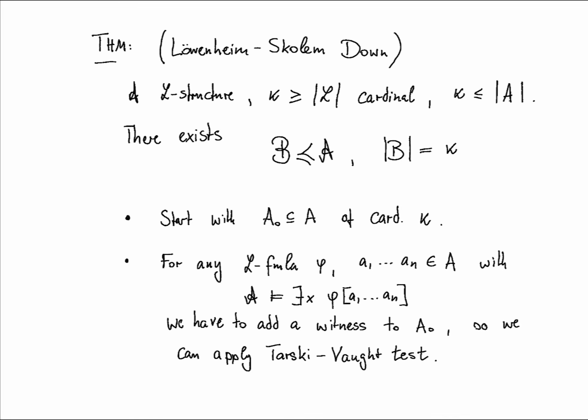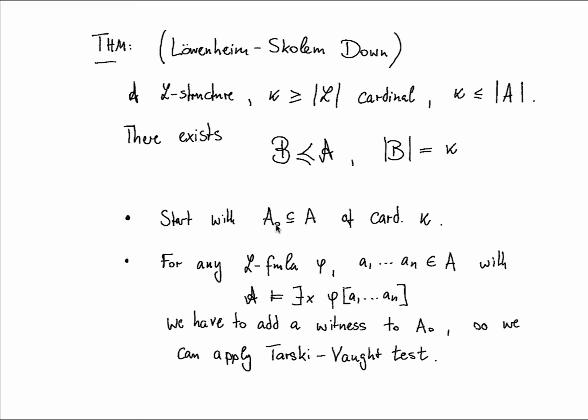The basic steps of the proof of this theorem are as follows. We start with an arbitrary subset of the universe of A, call it A0, with cardinality kappa. This is really arbitrary, so we could include in the statement of the theorem that the elementary substructure can extend any subset of A of cardinality at most kappa.